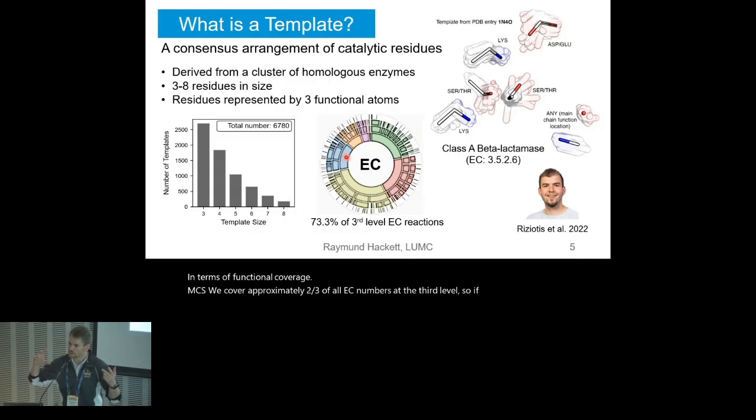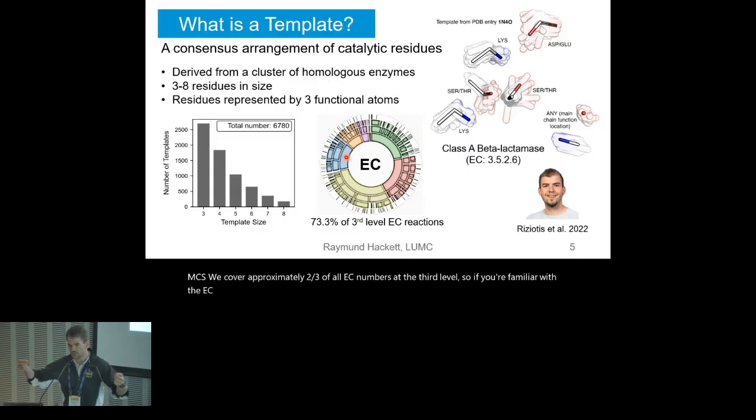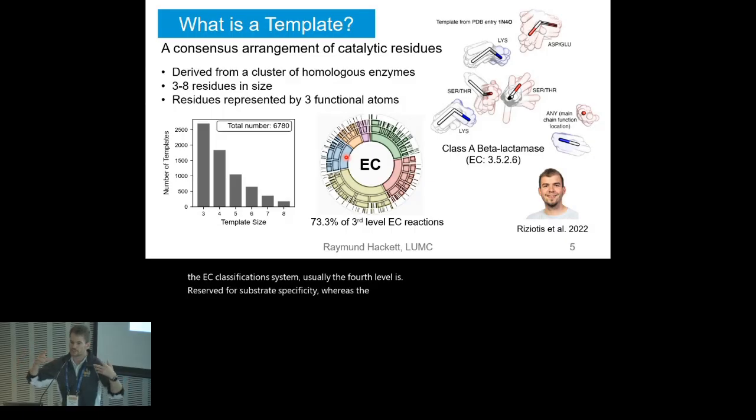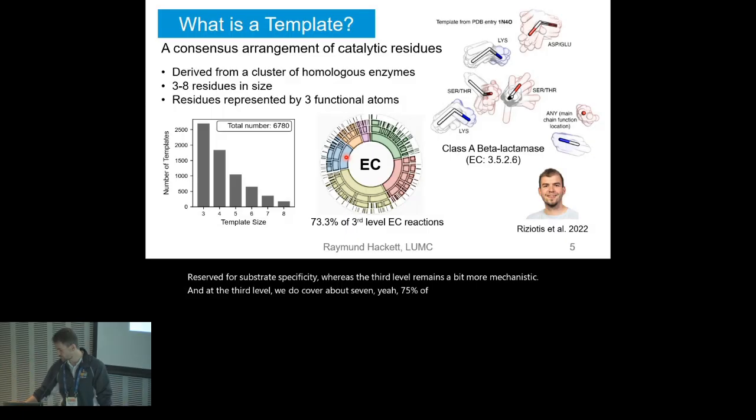So if you're familiar with the EC classification system, usually the 4th level is reserved for substrate specificity, whereas the 3rd level remains a bit more mechanistic. And at the 3rd level, we do cover about 75% of all different reaction mechanisms.